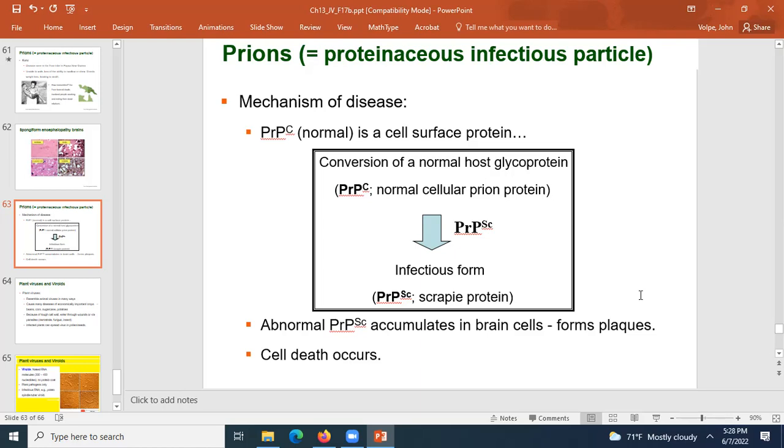All of the individuals who became prion infected had been eating beef, okay? And the cats, they know, were eating prion tainted beef as well, meaning just cat food that had beef in it.